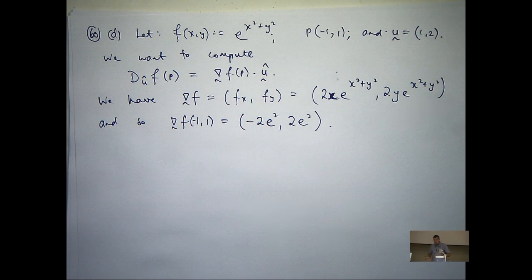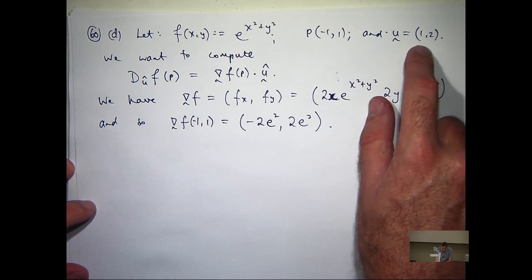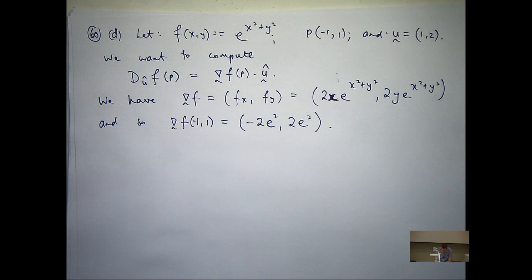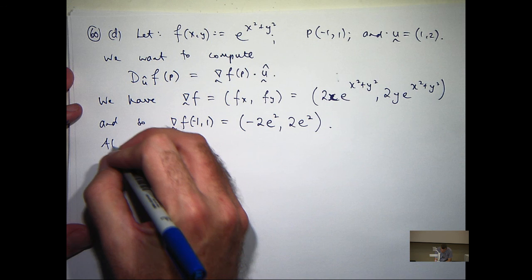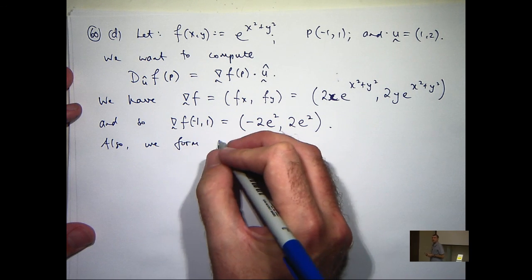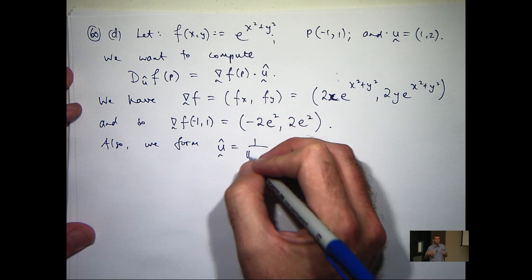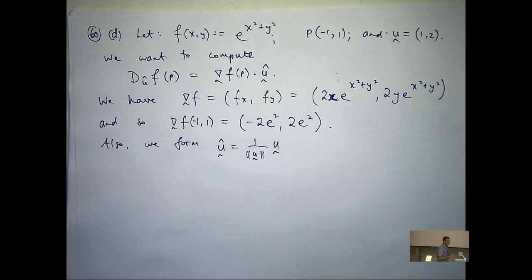The unit vector. So the first question is, see how this relies on a unit vector. Is this a unit vector? No. Does it have length 1? No. So we just form a unit vector by dividing by its magnitude.